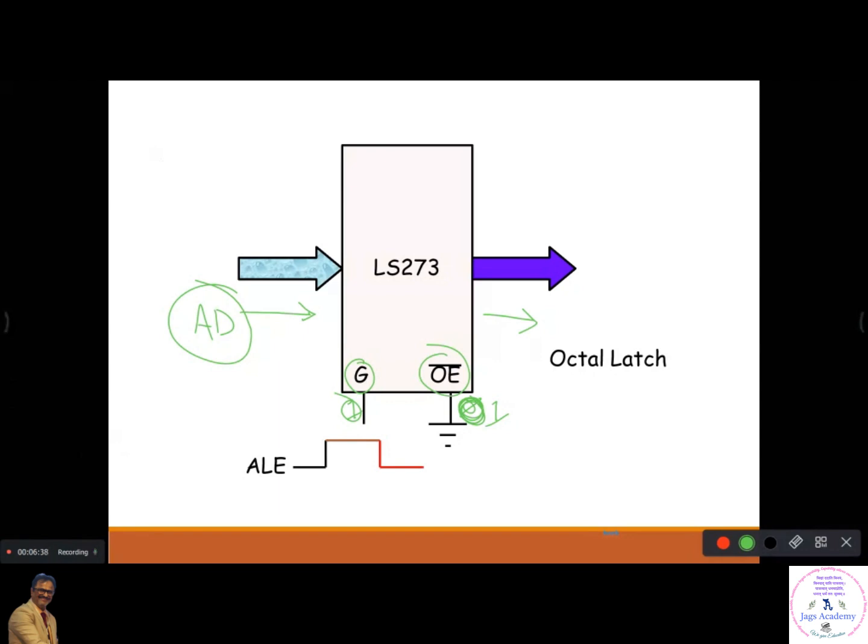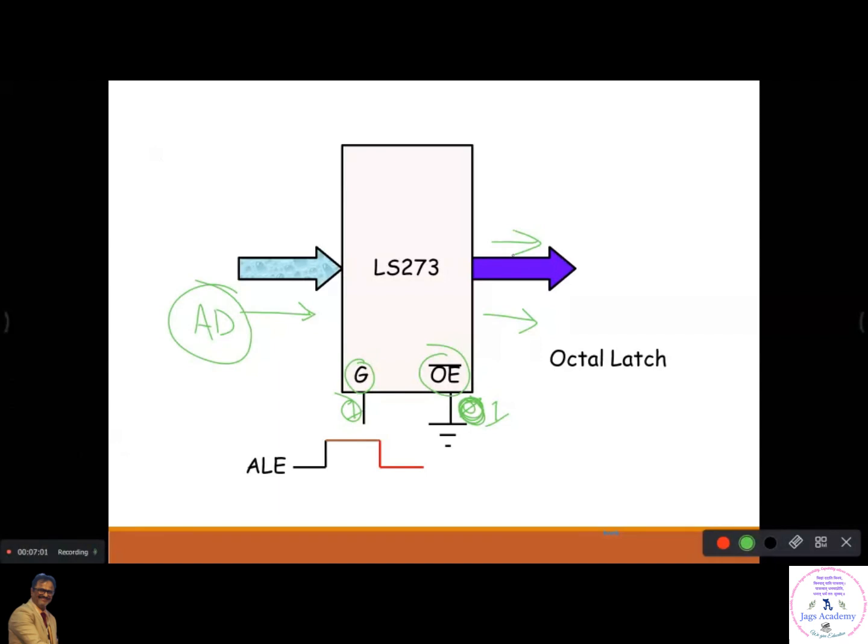Only when ALE goes high, whatever is there on the address data lines will appear here. That means whatever you get here is going to be your address line. So this is now separated as only the address line.